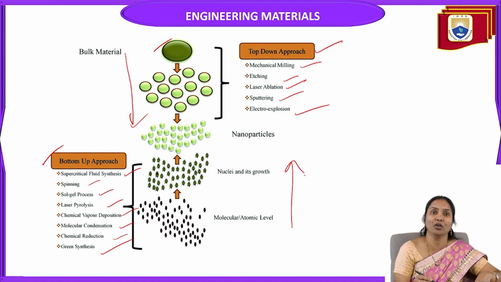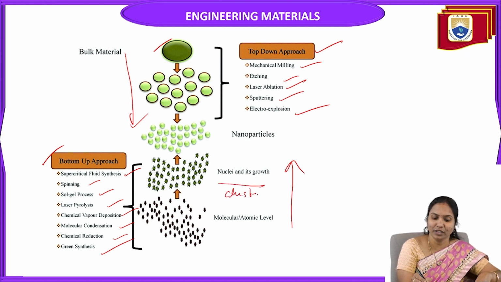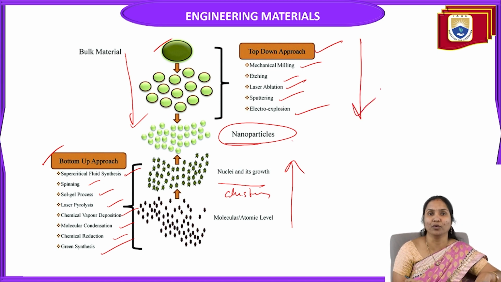That means atoms or molecules, the matter at atomic or molecular level, grow to form clusters. The size increases, and again these clusters grow to nanoparticle size. So this is the bottom-up approach, and this is the top-down approach. We can synthesize nanomaterials by these two methods.